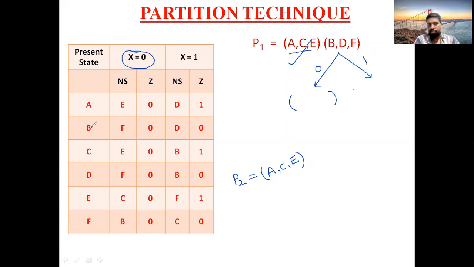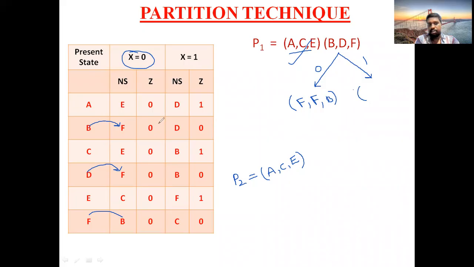So B, D, F. B when x equal to 0, it is moving to the input F. So right here F. Next D when input is 0, there also it is F. So write F. Next F, where it is going? F, it is written with B.